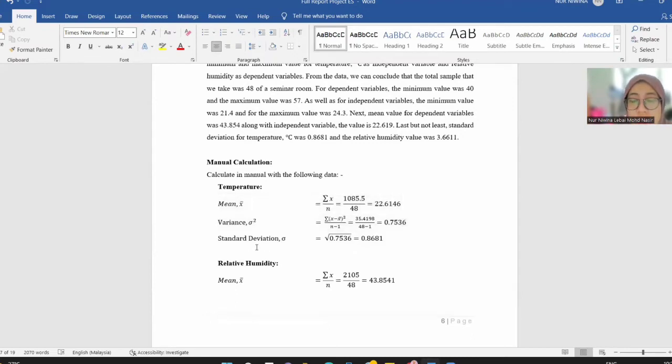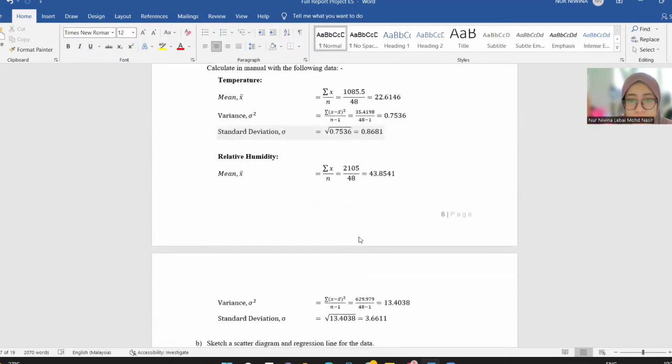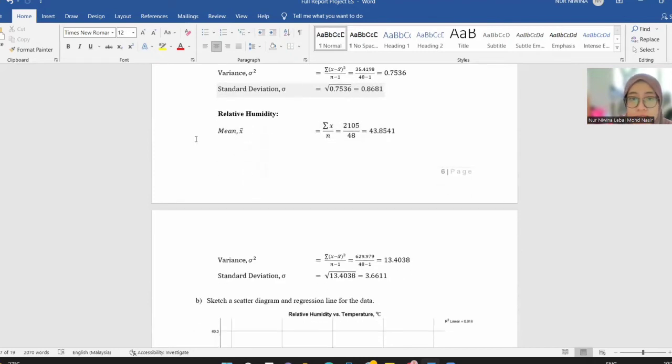To find the standard deviation, we need to find the variance first, then take the square root, so we get 0.8681. The same goes for the relative humidity: we need to find the mean, variance, and also standard deviation.